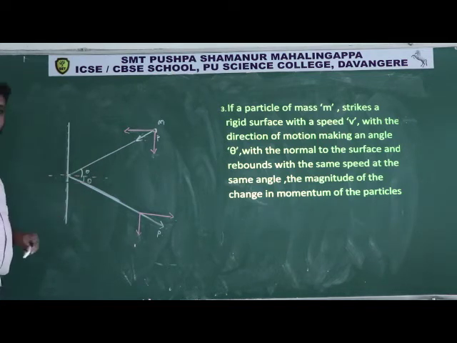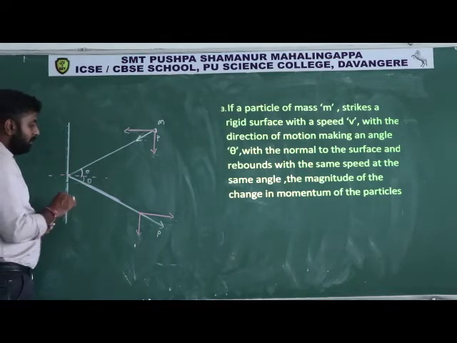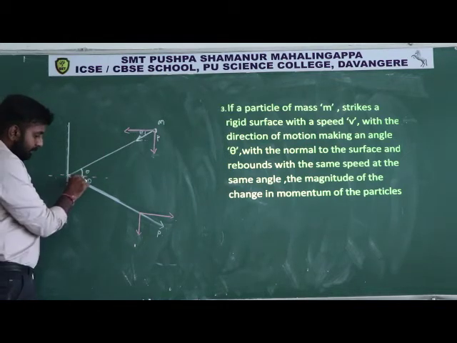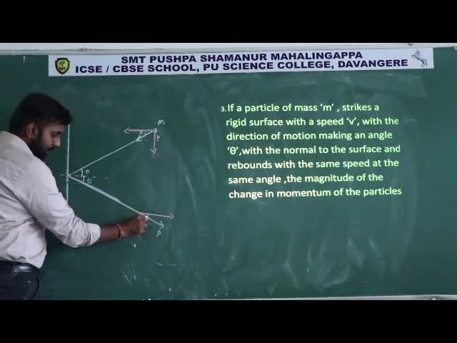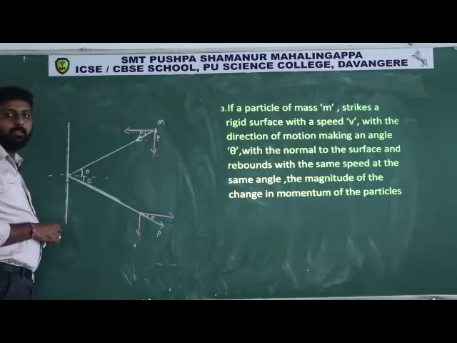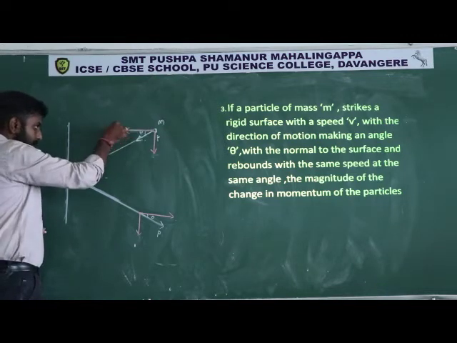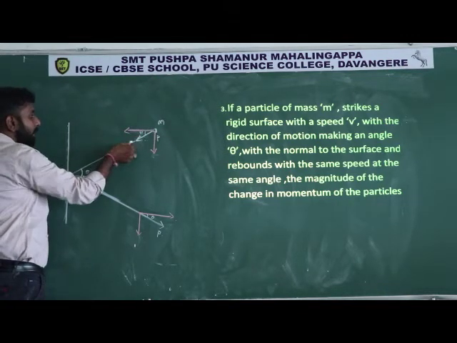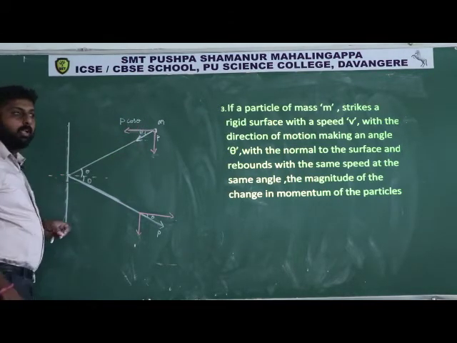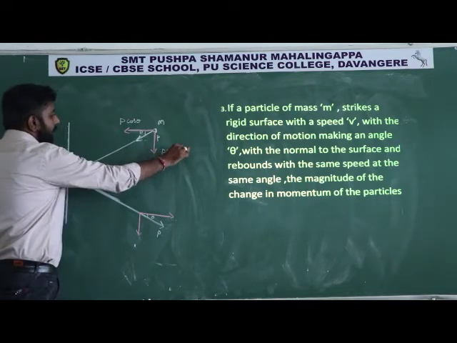Observe the diagram carefully. This angle is theta, so this angle becomes theta. I hope you have studied the resolution of vectors concept. So here this side becomes the horizontal component and I will consider P cos theta, and this side becomes the vertical component, that becomes P sin theta.